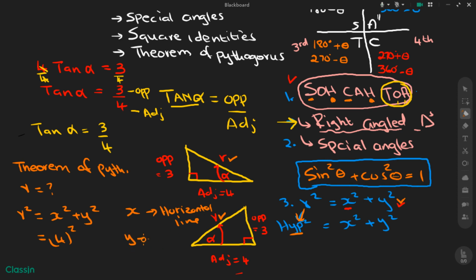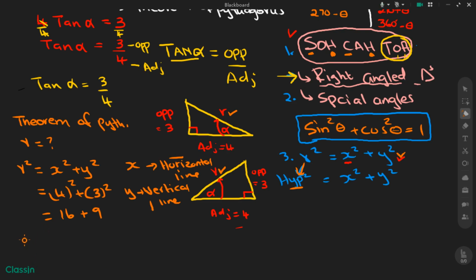And then our y is a vertical line. Horizontal line is so, and a vertical line is so. So plus our y is 3 squared. So 4 squared is 16 plus 3 squared is 9.